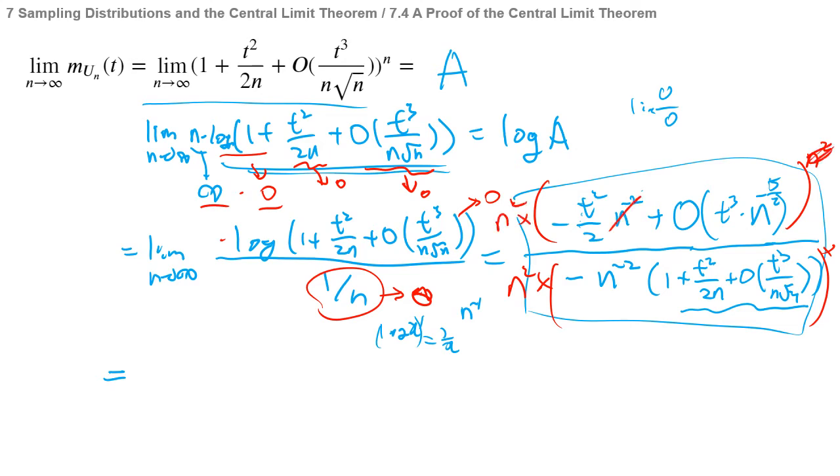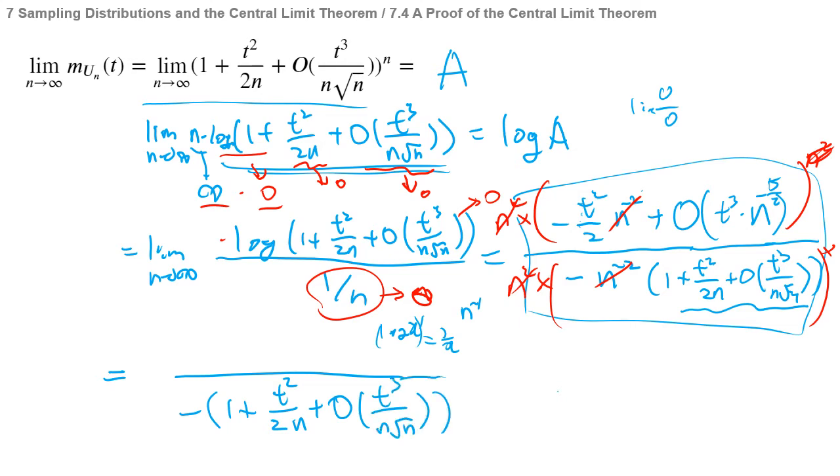Then this part cancels, this part also cancels, so the result is minus 1 plus 2n times t squared plus o of t cubed divided by n square root of n, and the upper part is minus t squared over 2 plus o of t cubed times n to the minus 1 over 2. Okay.